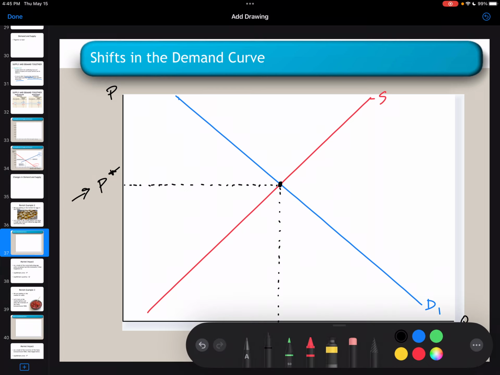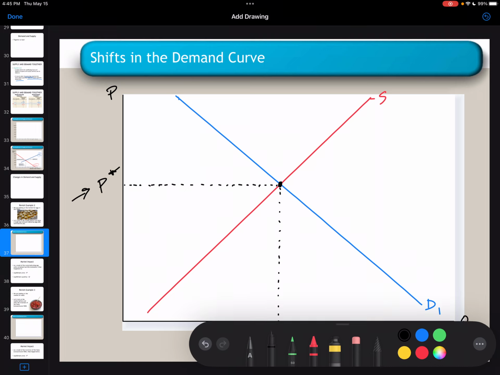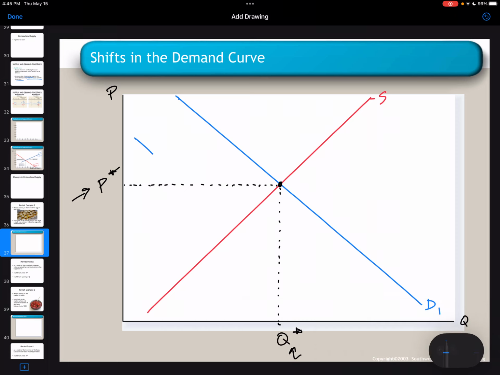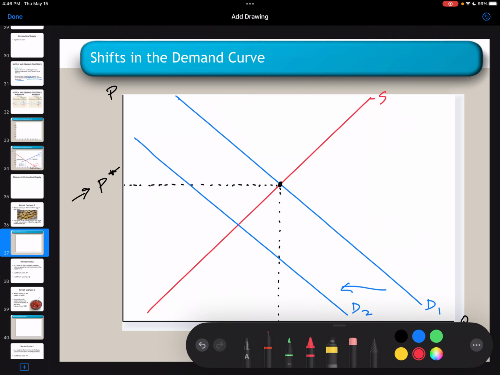All right, now we know this study comes out, everyone freaks out because that's what we do when news like this comes out, and we know this is going to be a decrease in demand. So I'm going to draw this in here. This is D2, decrease in our demand curve, and I'm going to label this up here.